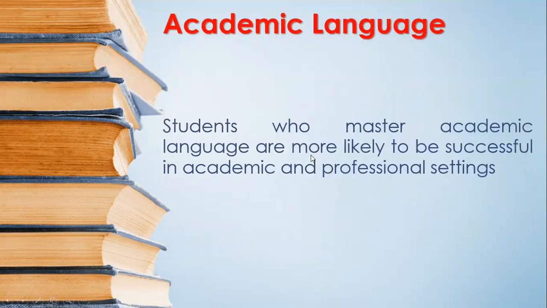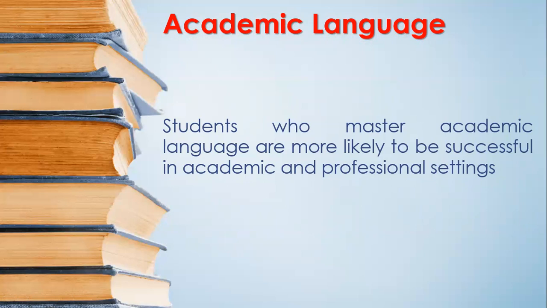So according to the text, students who master academic language are more likely to be successful in academic and professional settings. Why so? Because since you have been able to master the academic language, then expect that you will be successful in all your academic undertakings and in your professional field.